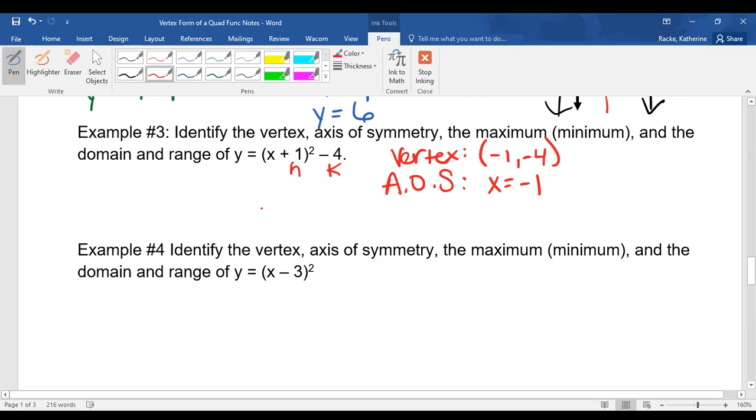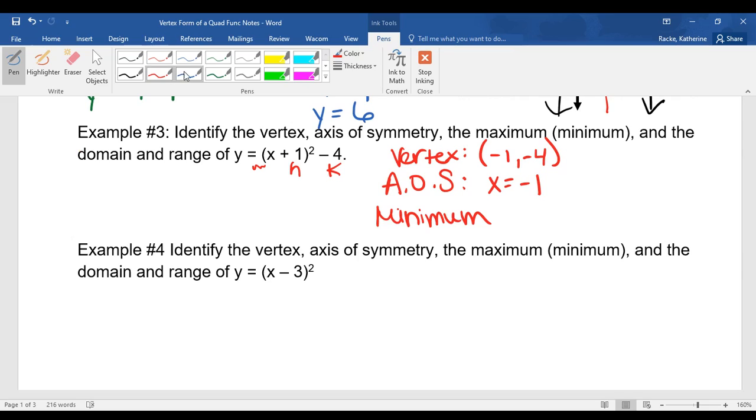Is it a minimum or is it a maximum? Well, because it's positive here, that means it's going to be a minimum. If there was a negative in the front here, it would be a maximum. If it's positive, it's going to be a minimum. And then we need to state what the domain and range is.